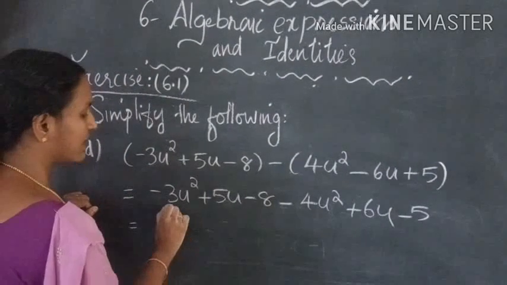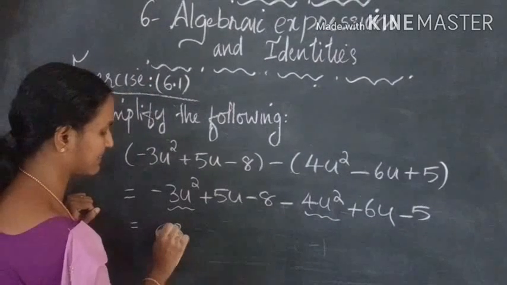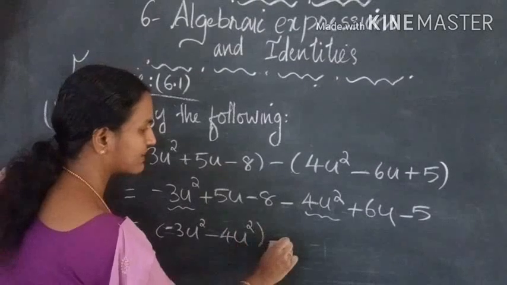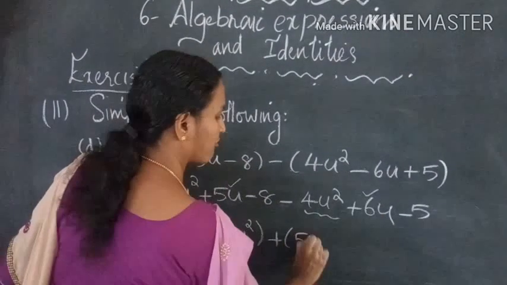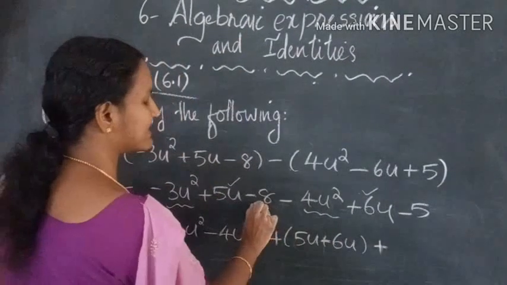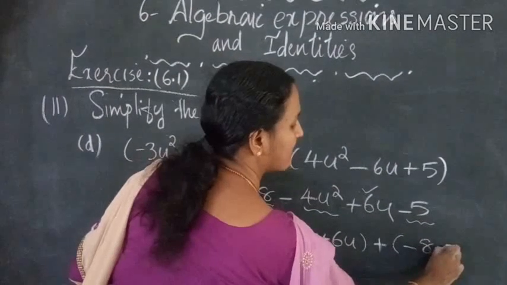Grouping the like terms, minus 3u square minus 4u square in bracket, plus 5u plus 6u, plus minus 8 and minus 5.